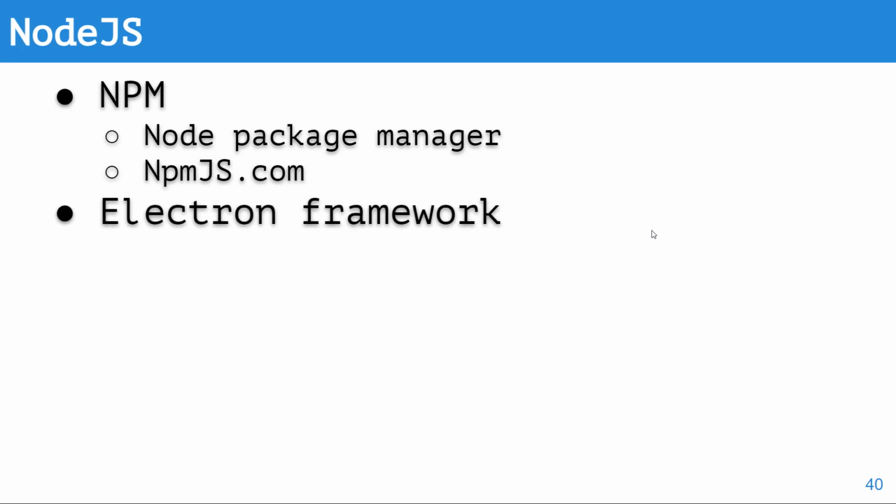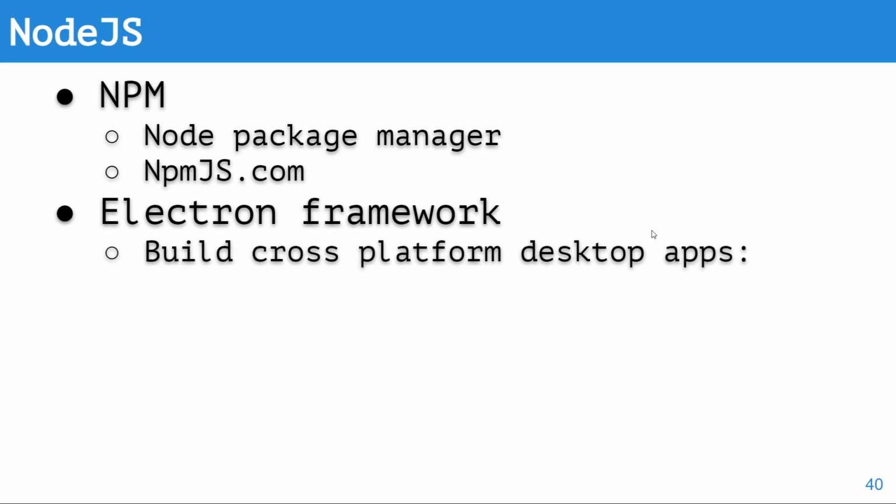The Electron framework, this is a very interesting thing. This is where you can build cross-platform desktop applications using Node and therefore JavaScript. Your interface would be done in Cascading Style Sheets and HTML, right? And so those are the languages you would use for your user interface design. But if you're a web developer, all of a sudden now you can be a desktop developer because you can take those CSS skills, those HTML5 skills, and apply them to building desktop applications.